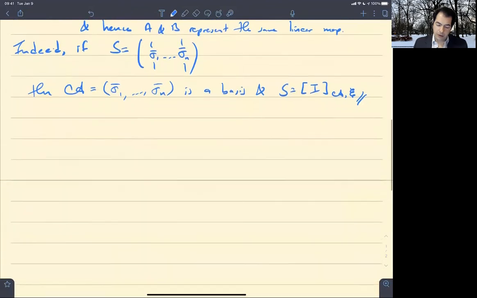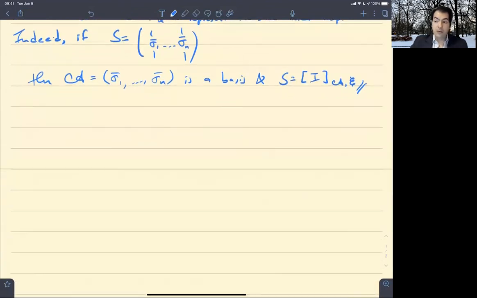Okay, excellent. So now we can take concepts about linear maps and write them as concepts about matrices. So for example, last time we saw that a linear map is diagonalizable if there is an eigenbasis for it. But the definition is that a linear map is diagonalizable if there is a basis in which that linear map is given by multiplication by a diagonal matrix.